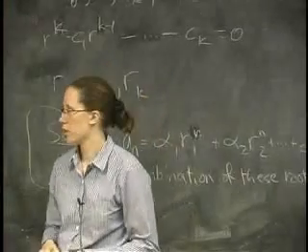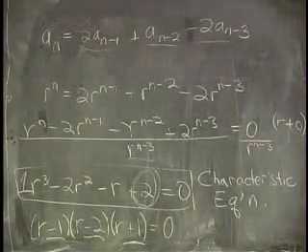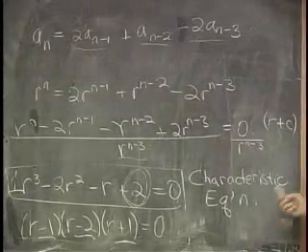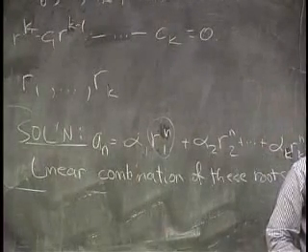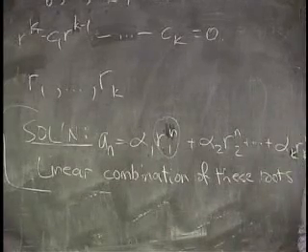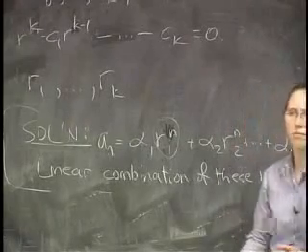Here I divided by r to the n minus 3. That would have given me a solution r equals 0. I'm assuming that doesn't happen, because when we write down our final solution, an r equals 0 isn't contributing anything at all, and most likely that would not be consistent with your boundary conditions. Exactly, because that would mean everything would be zero.